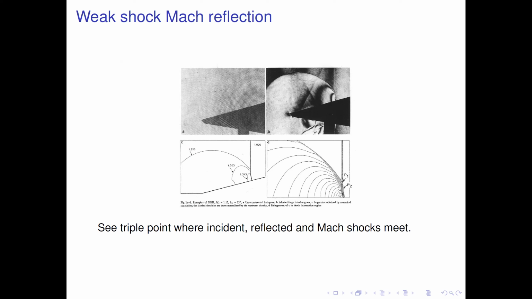And yet you appear to see this triple point in experiments. So this became known as the von Neumann triple point paradox, that the experiments seem to be in contradiction to what you get from shock conditions and jump conditions.